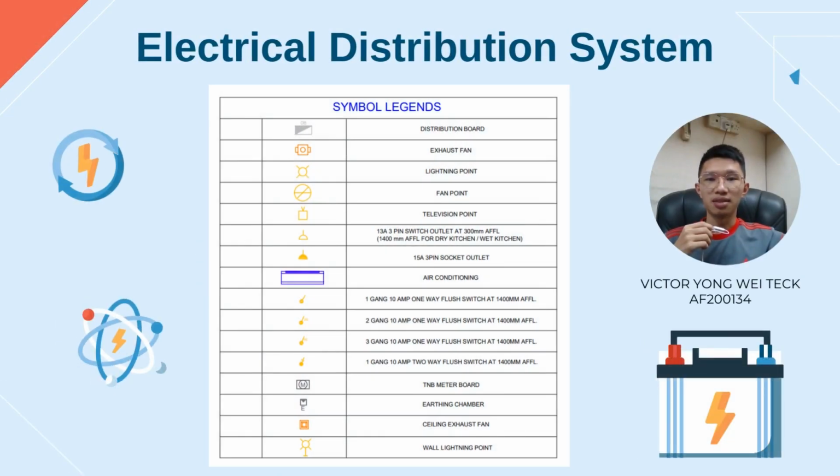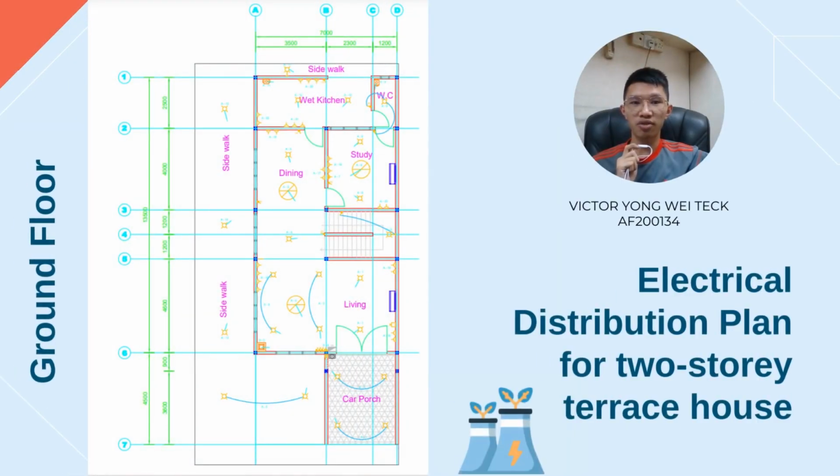The figure beside shows the symbols of the electrical distribution system of the two-story terrace house. Examples of the symbols are distribution board, exhaust fan, lighting point, sockets, switch, aircon, and meter. The picture clearly shows the ground floor electrical distribution plan for the two-story terrace house.